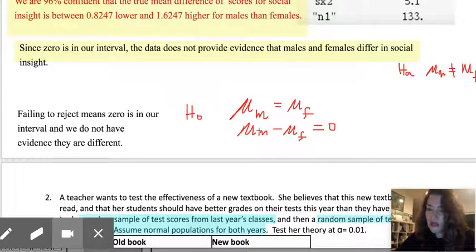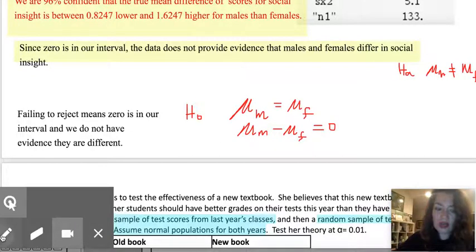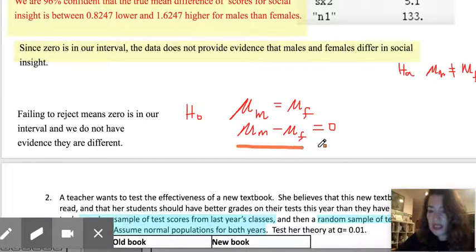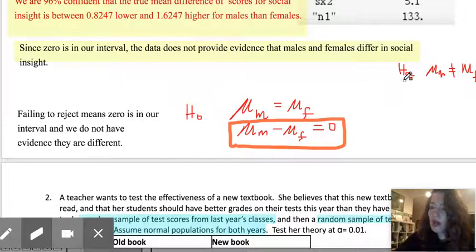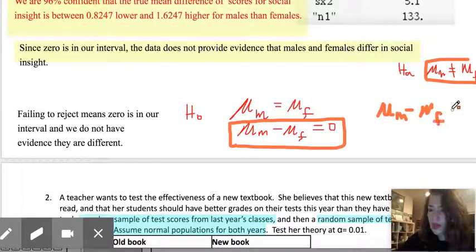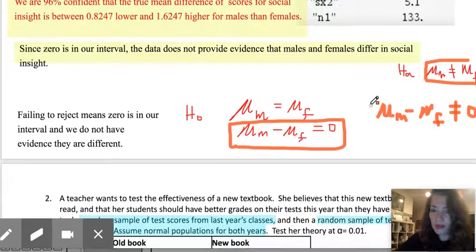That means if we take the difference, that difference is 0. That indicates that they are not different, that they are the same. Our alternative would mean that the mean of the males is different than the mean of females. In other words, if we took the mean of males and subtracted it from the mean of females, that would not equal 0.